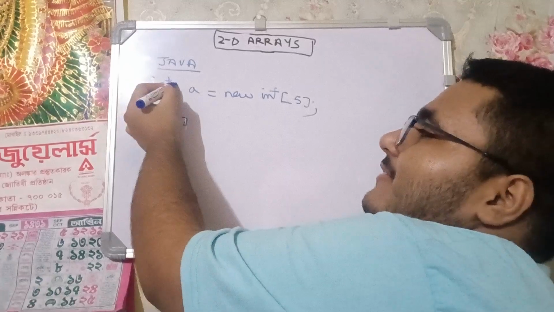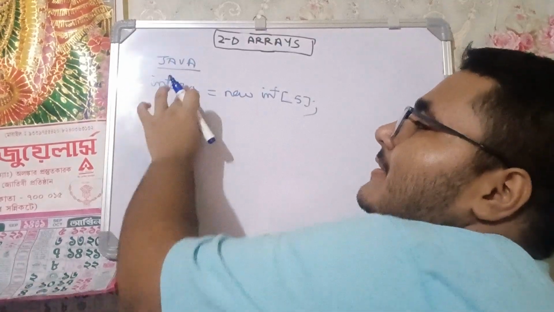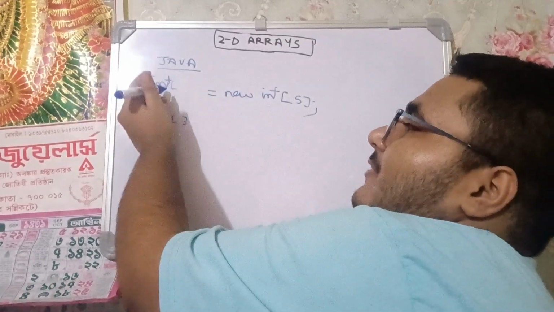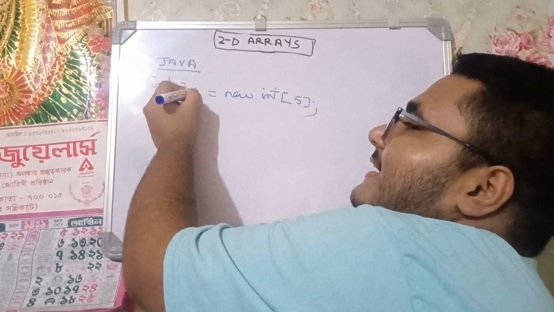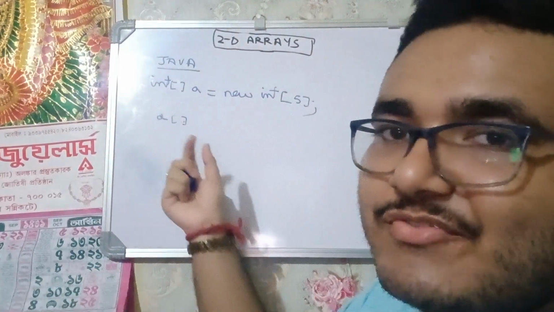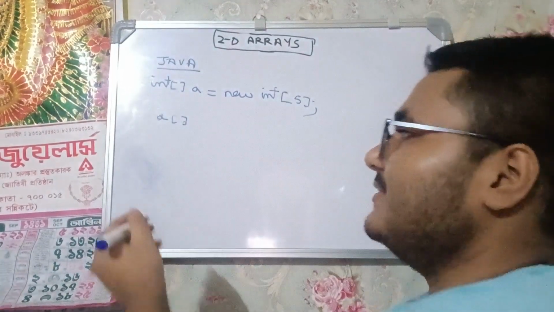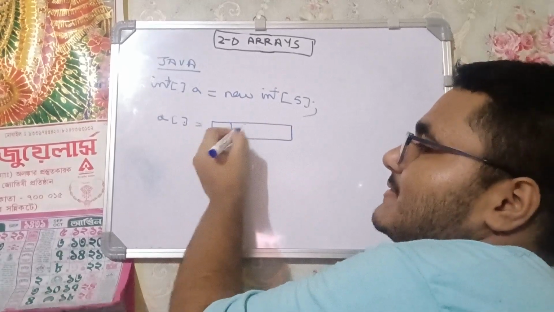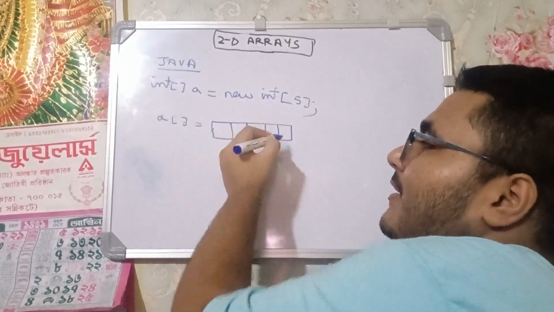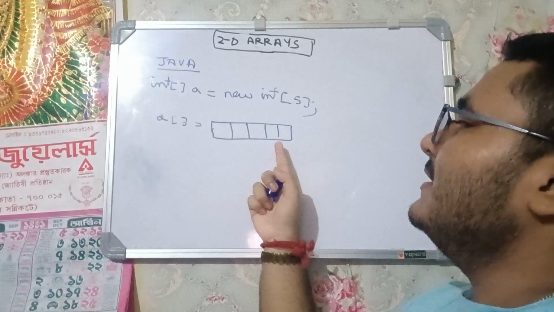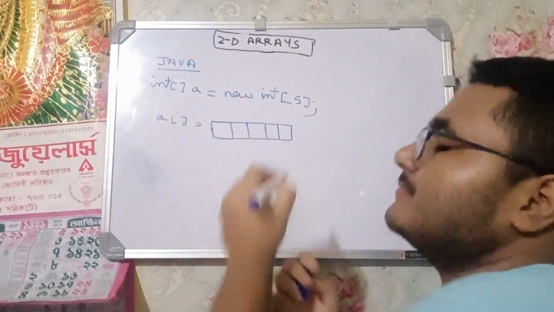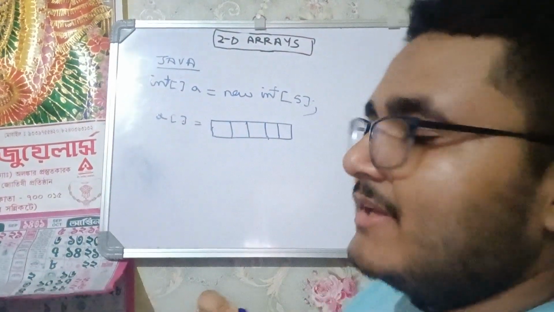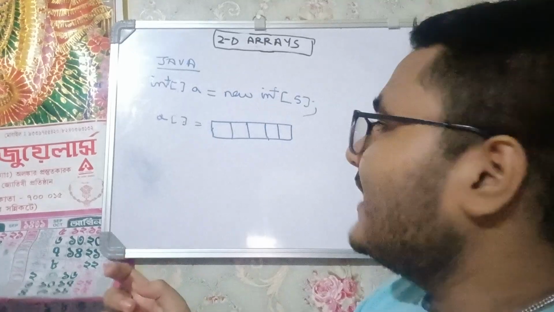So I need to give an array bracket here. You can place it after the data type or also after the variable name. No issues in that. So the array will look like this: 1 2 3 4 5, right? So this is an array.